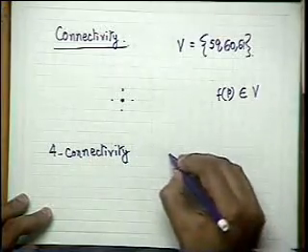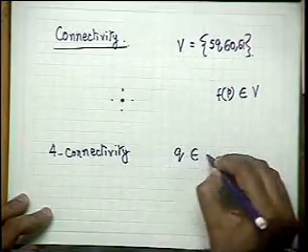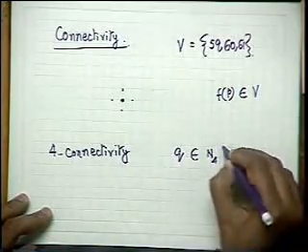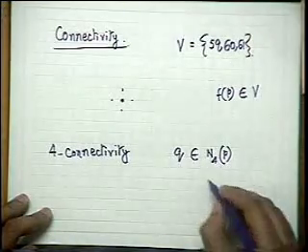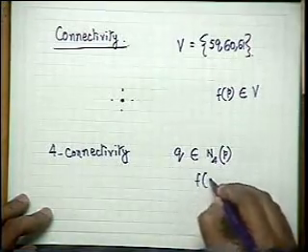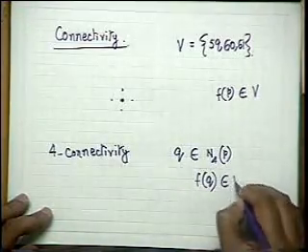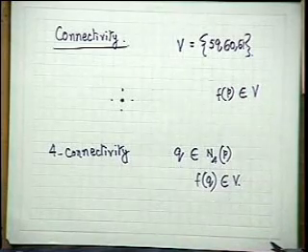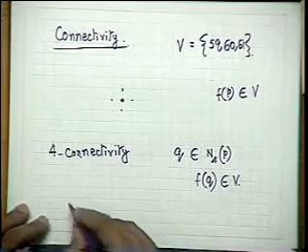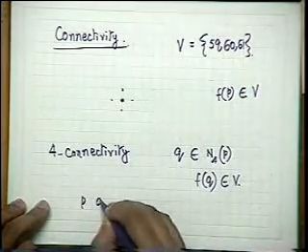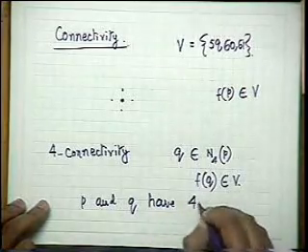I am considering a pixel Q, which is a 4 neighbor of P, and I am also assuming that f of Q, that is to say the intensity value of Q, belongs to this set V. If this is fulfilled, then we will say that P and Q have 4 connectivity.